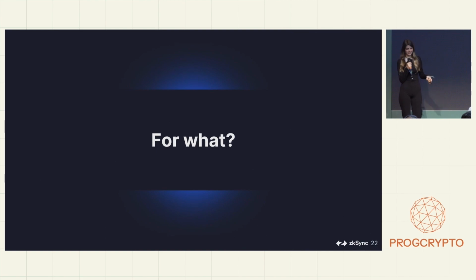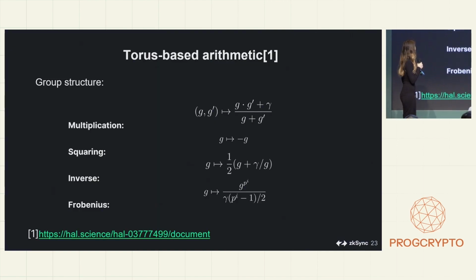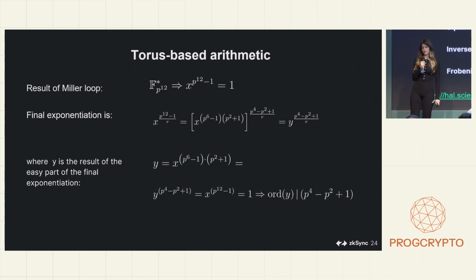So next, what do we actually need this for? To reduce the structure formulas. What we use for final exponentiation is multiplication, squaring, inverse, and Frobenius. If you look at the formulas, the final exponentiation consists of an easy part and a hard part.